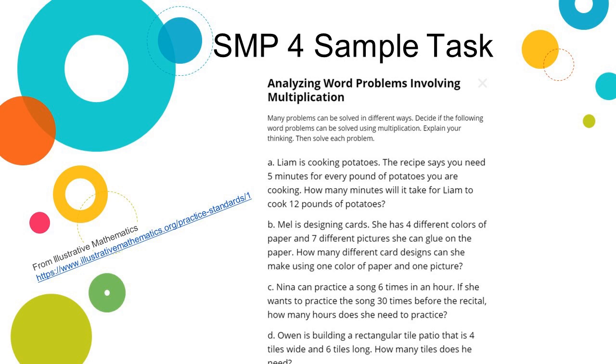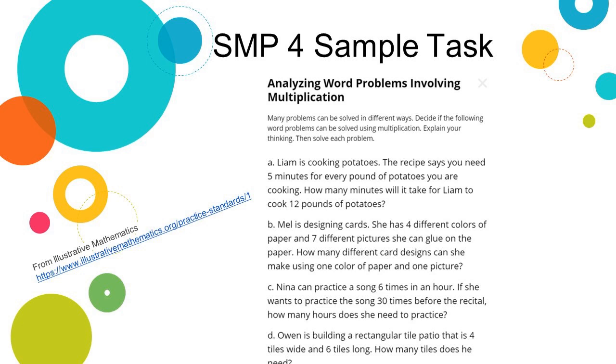So this problem, analyzing word problems involving multiplication, the purpose of this task is for students to analyze different contexts in which multiplication is appropriate. Research indicates that students often do not make sense of word problems. Instead, to come up with an answer, they just apply the most recent algorithm taught, choose operations based on the types of numbers involved, or they apply other approaches that do not require sense-making.